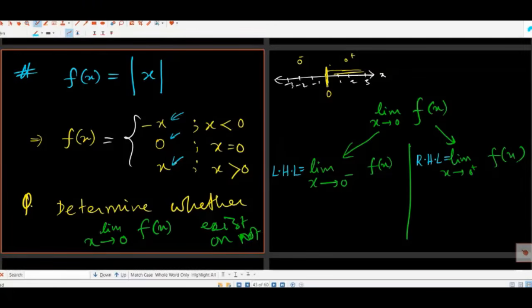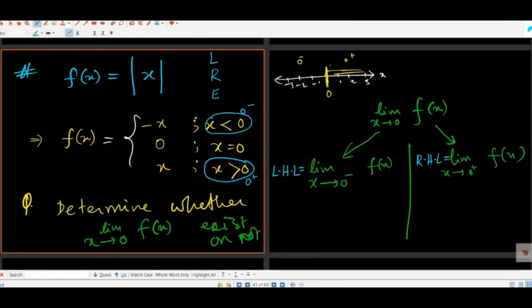Can anyone tell me which function is the leftward function, which one is the rightward function, and which one is the equal function? So let's say I am writing L, R, and E. So x less than 0 means 0 minus. X greater than 0 means 0 plus, right?